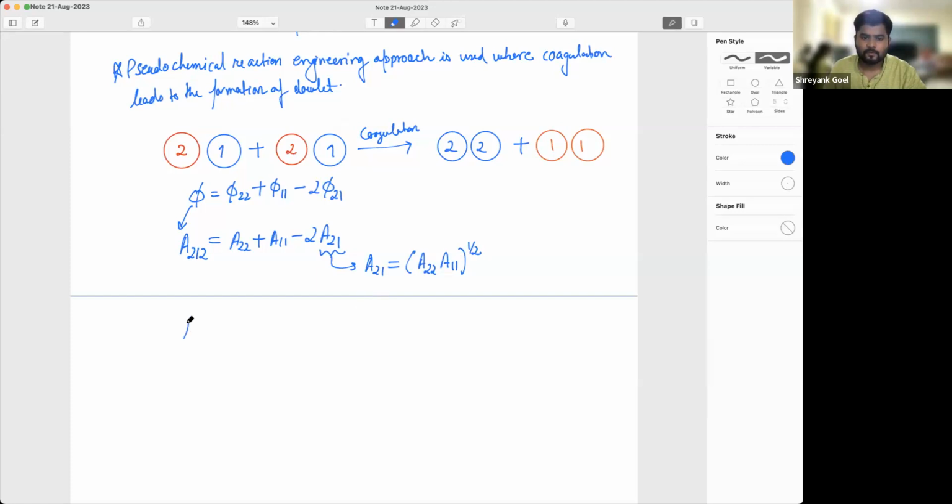So A212 equals A22 plus A11 minus twice A22 A11 to the power half, and so it becomes A11 to the power half minus A22 to the power half, whole squared.